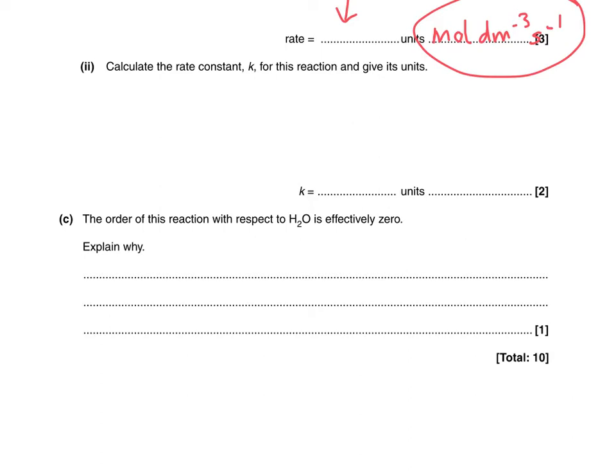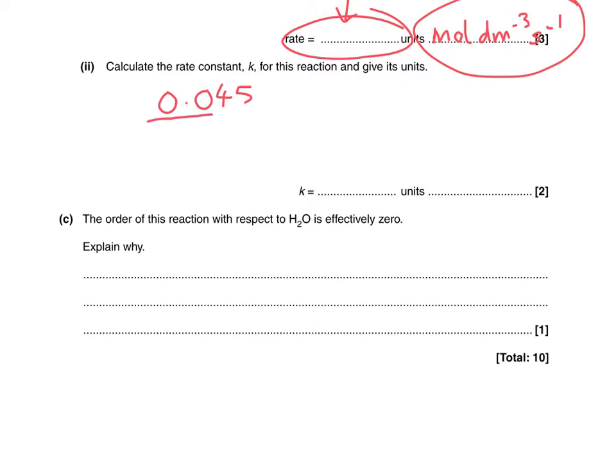To calculate the rate constant, you need to take your answer from here, and divide by the concentration at that time.